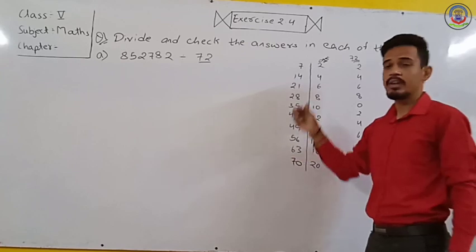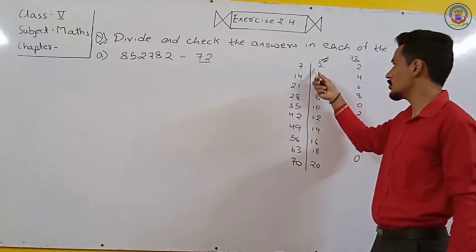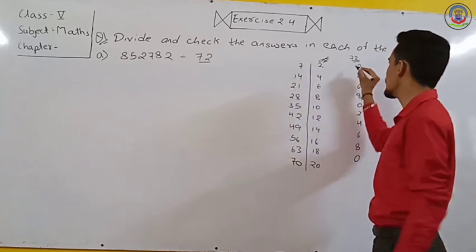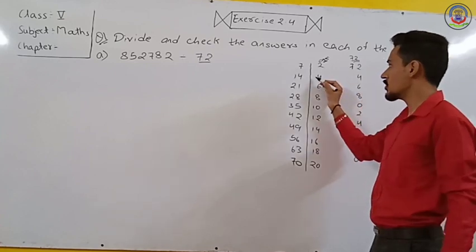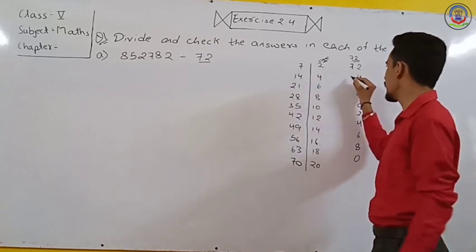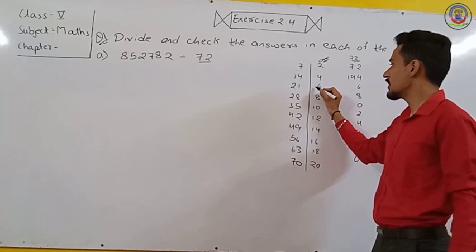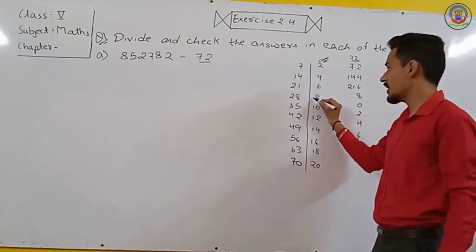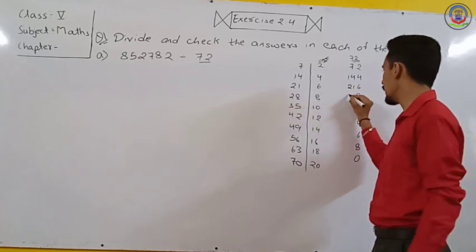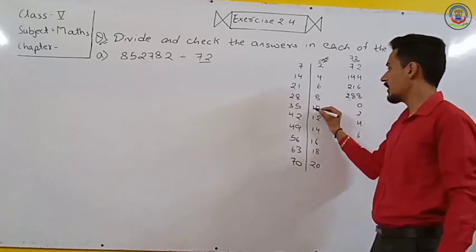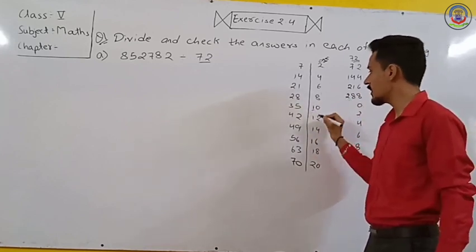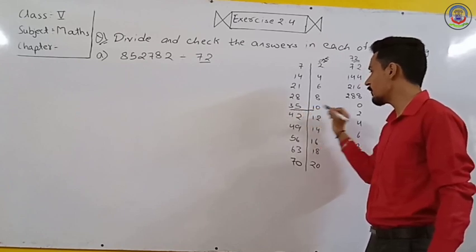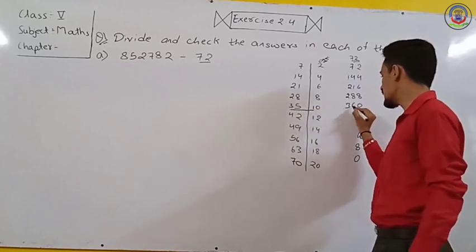Next we have tens place here. No, there is no tens place. So we write directly 7. Here also there is no tens place. So we write directly 14. Next here also no tens place. So we write 21. Next here no tens place. So we write 28. Here it is tens place, that is 1. So we add 35 and 1. So it is 36.